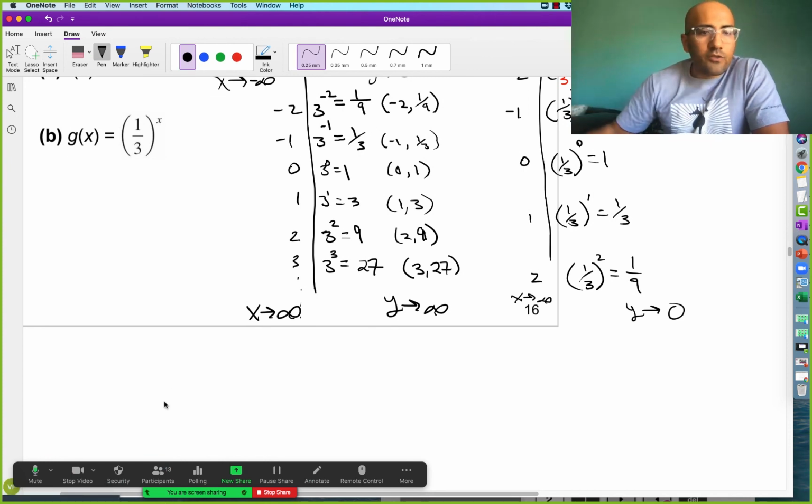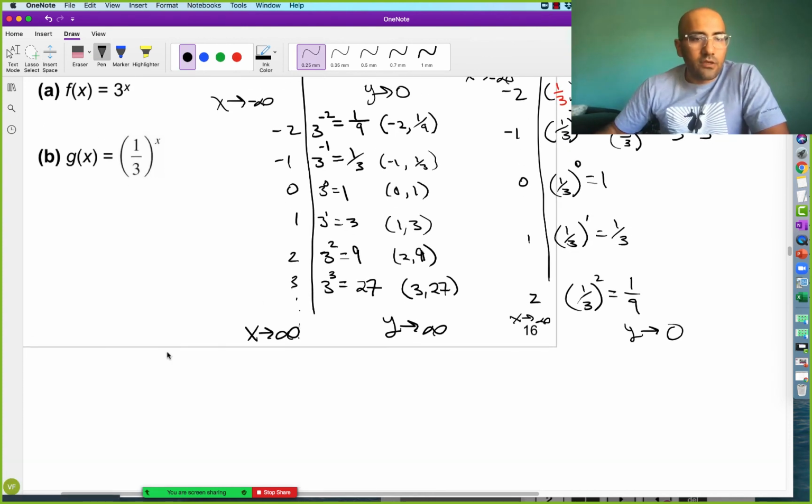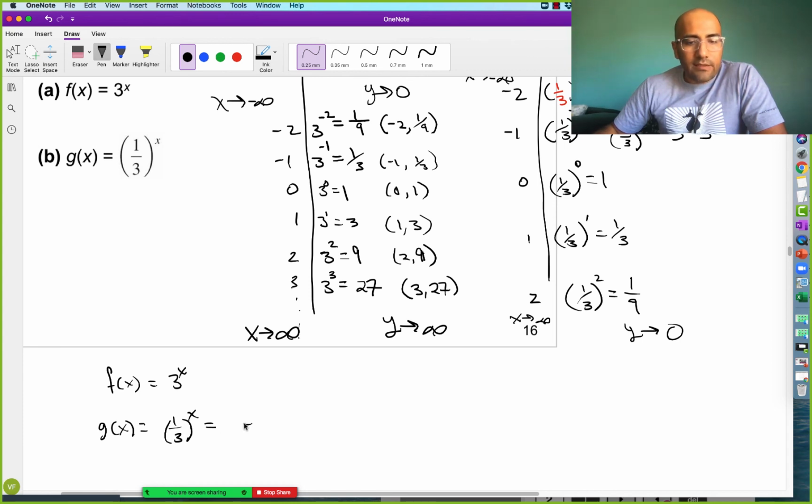If we have f of x equal to 3 to the x power, and g of x equal to 1/3 to the x power, as we said, 1/3 can be rewritten as 3 to the -1 power raised to the x, which is equal to 3 to the -x power.